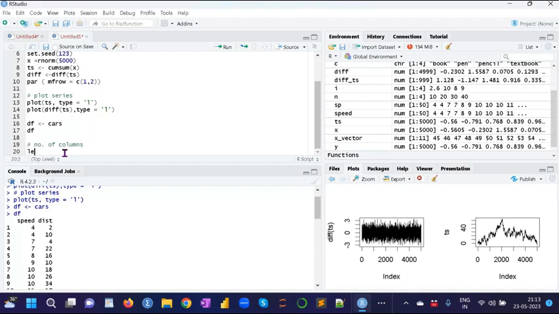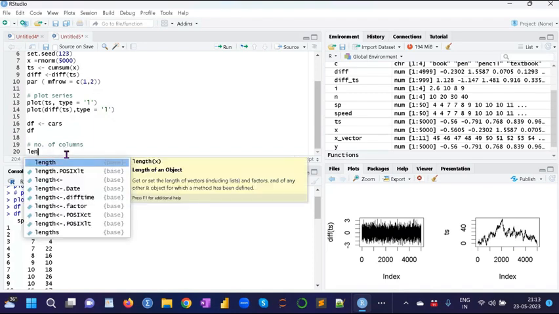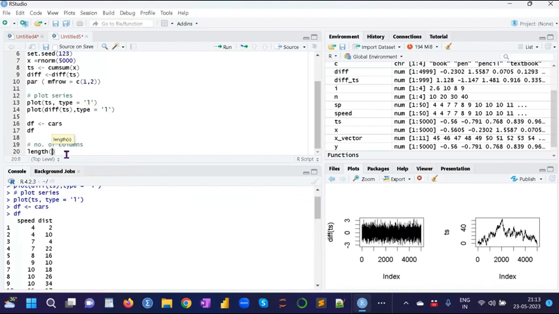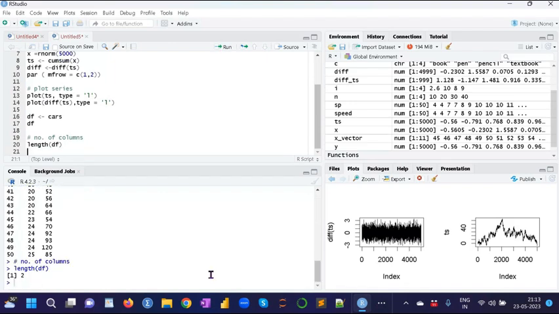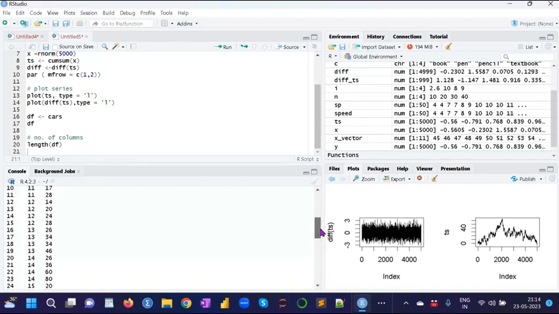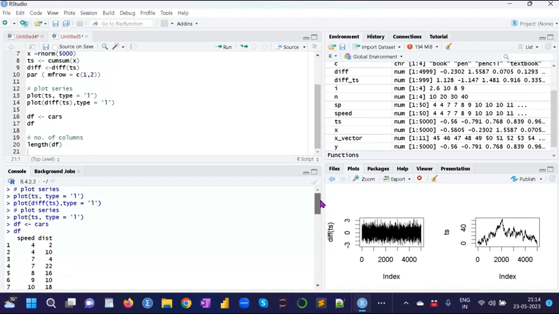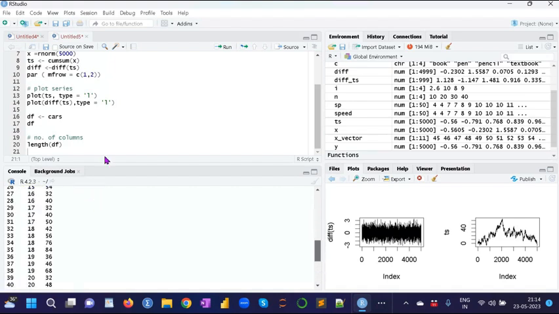I'm using length, where I am passing df, which is my data set name. It gives 2 because there are only 2 columns, speed and distance.